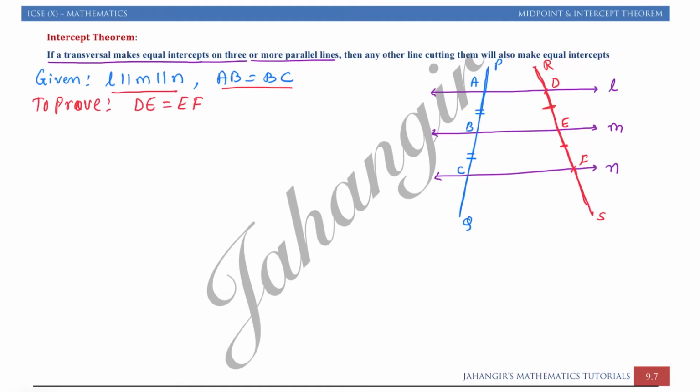So if L parallel to M parallel to N we have, and AB is equal to BC we have, then by the intercept theorem we can say DE is also equal to EF. This is what the intercept theorem is. So let us prove that.